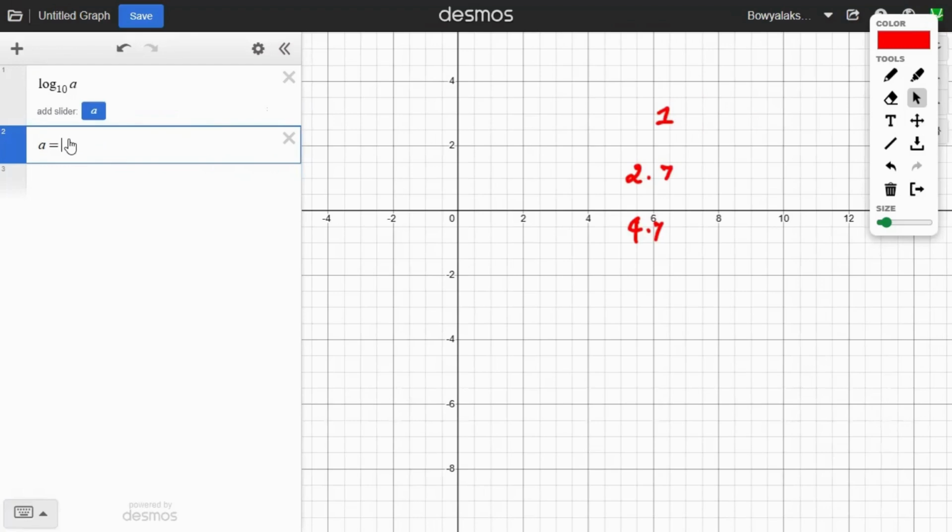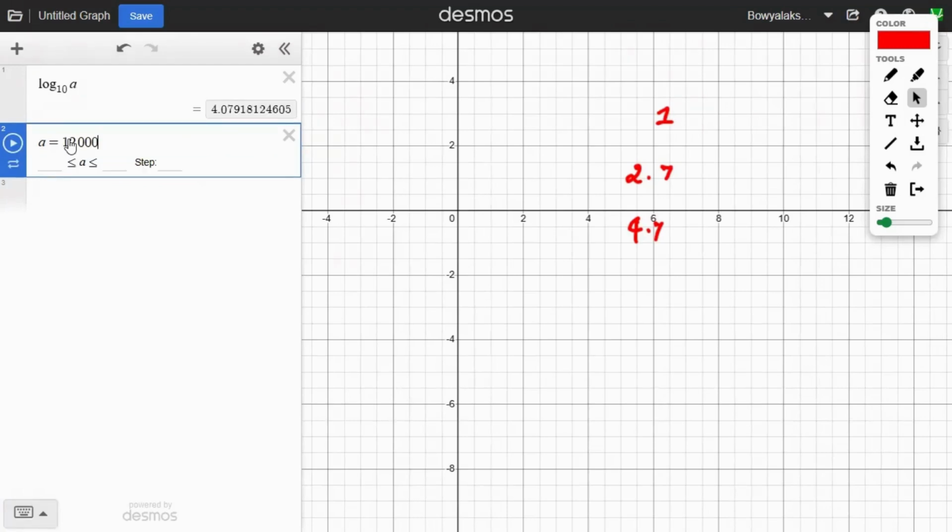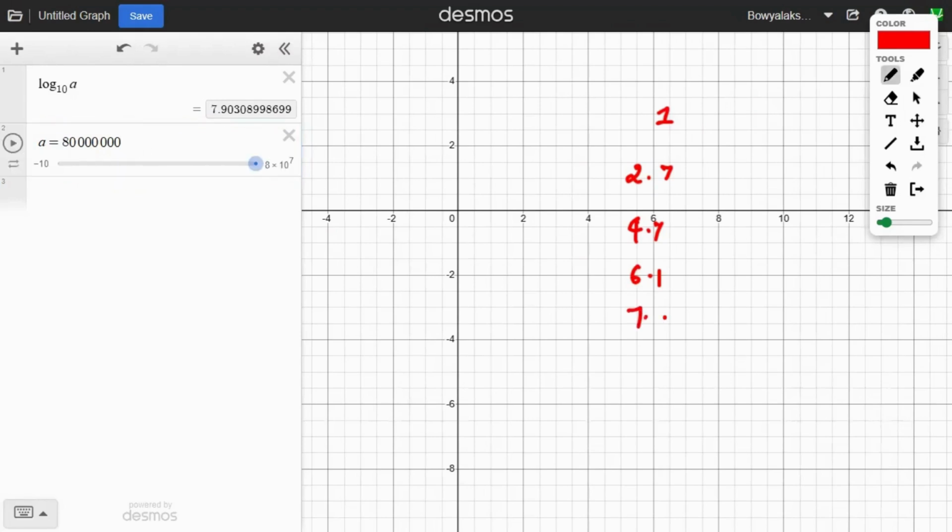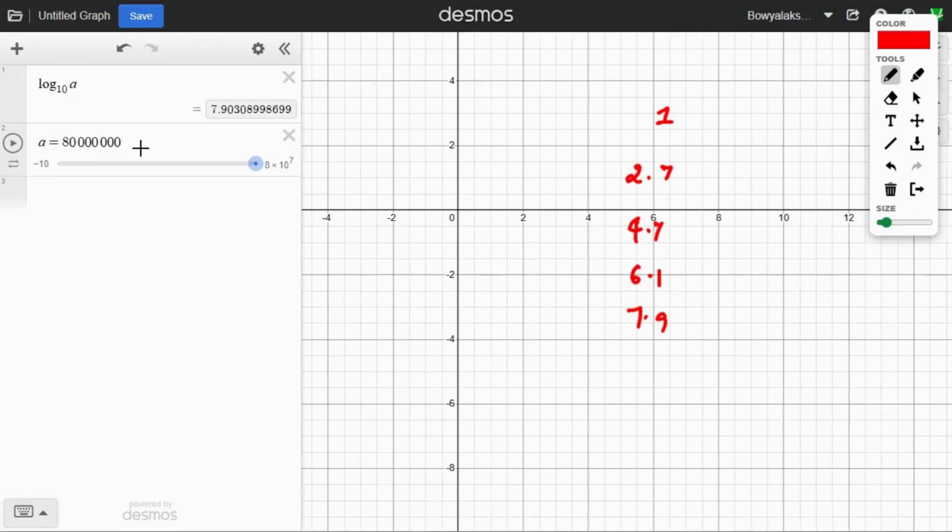Then log of 1,200,000 gives 6.07, which we can make 6.1. The last data is 80 million, which gives me 7.9, approximating to 1 decimal place. I will use this in my table, and then we will plot the logarithmic scale.